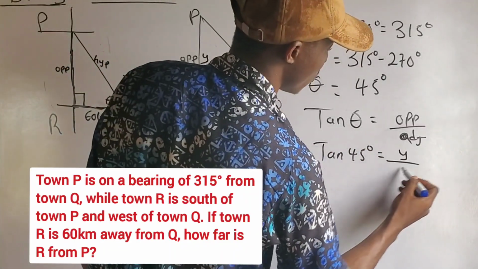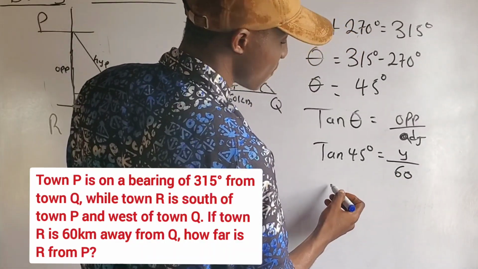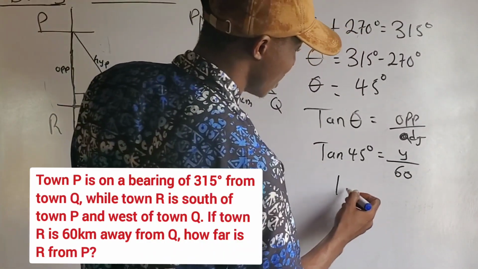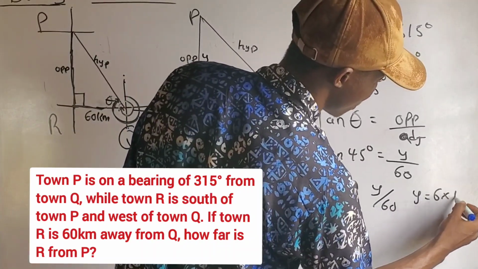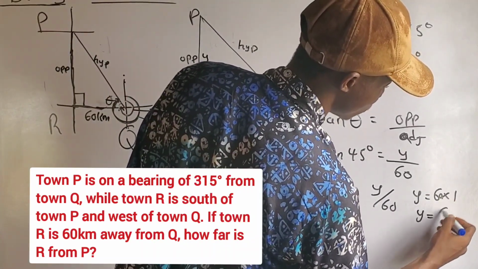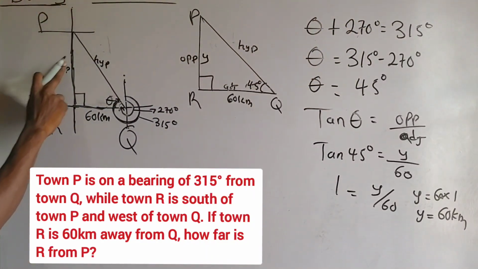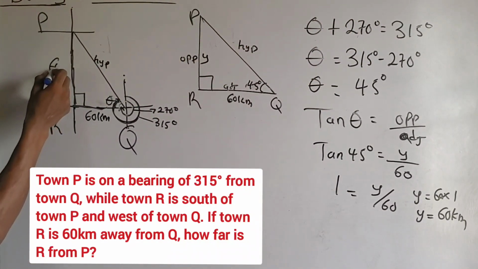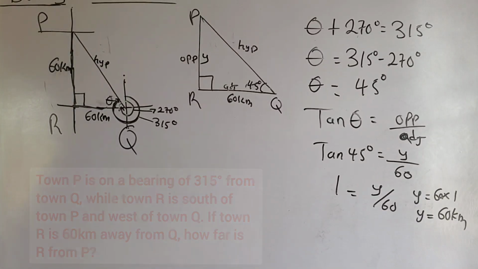Y all over adjacent, which is 60. So I'm going to have y over 60. Tan 45 degrees is 1, you know. So 1 equals y over 60. So y equals 60 times 1, y equals 60 kilometers. So the distance between R and P is also what? 60 kilometers. Do you understand? Okay, so that is the solution to that question.